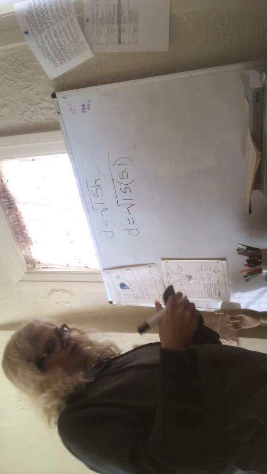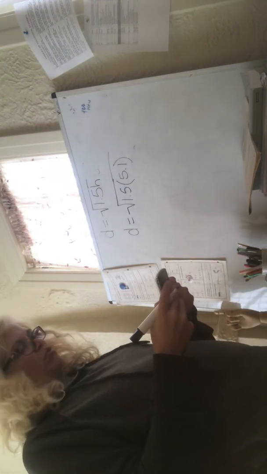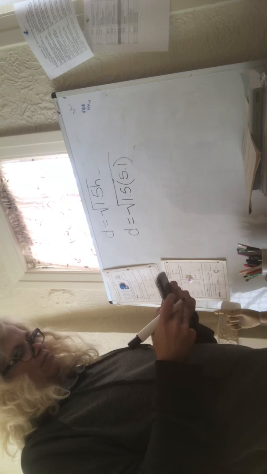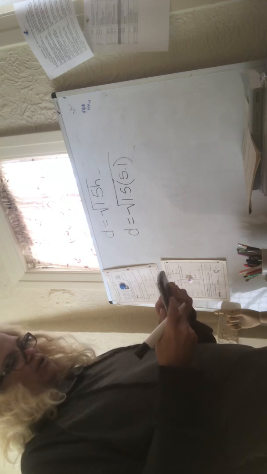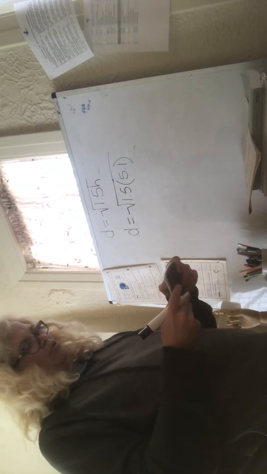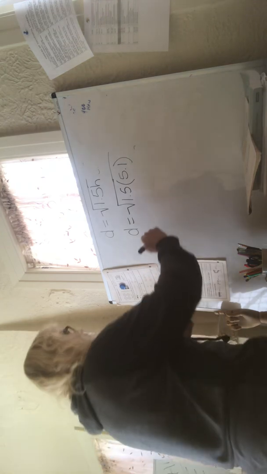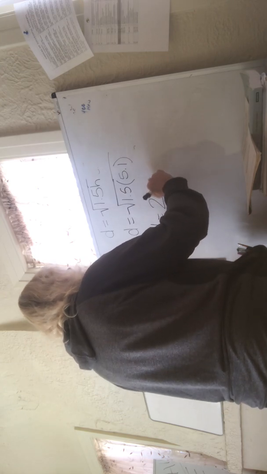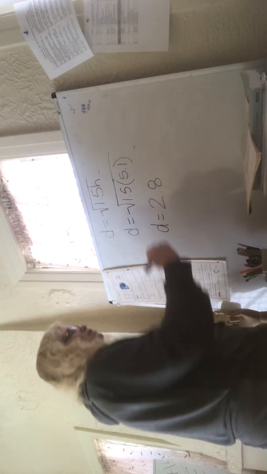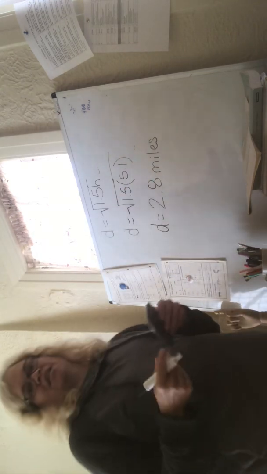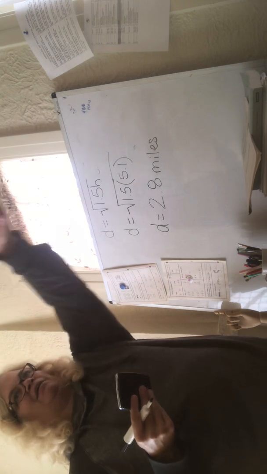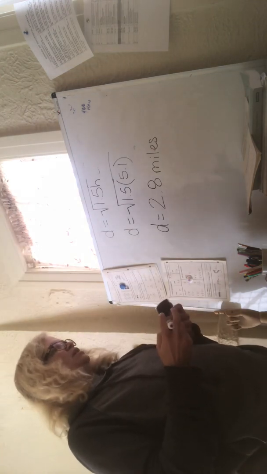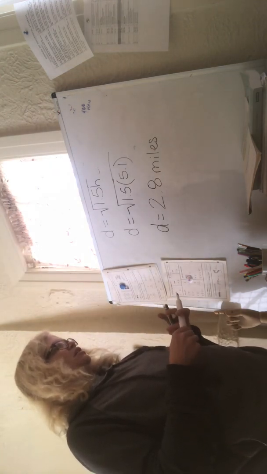Okay, so in the calculator, I'm going to do 1.5 times 5.1, and it equals 7.65, and then I'm going to push my little square root button. So d is equal to 2.8. Again, I'm rounding, and that's miles. So what that means is if I'm standing on the beach and it's a clear day, I can see 2.8 miles into the horizon.